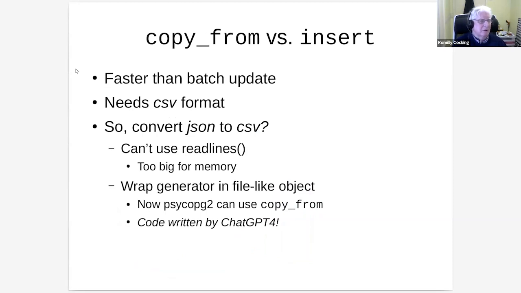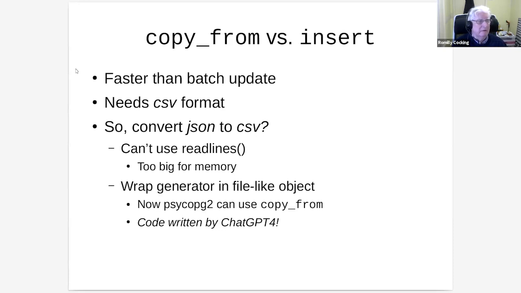I mentioned that I was using copy_from rather than insert. It's faster than doing a batch update, which psycopg2 also allows you to do. The downside is that it absolutely has to have data in CSV format. So the first thing I tried was read an entire JSON file and then write it out as CSV. And that failed on the Pi because the files are too big to fit in memory.